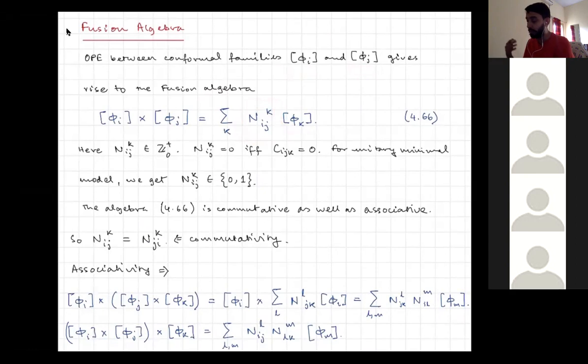That is what the general form of the fusion algebra is. So these are some numbers which also include 0. For unitary minimal models, we have just seen that N_ij^k can be either 0 or 1.